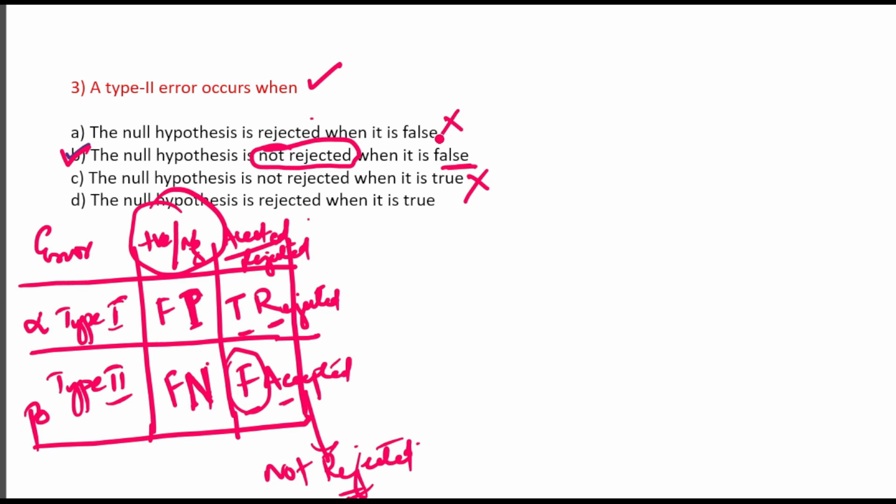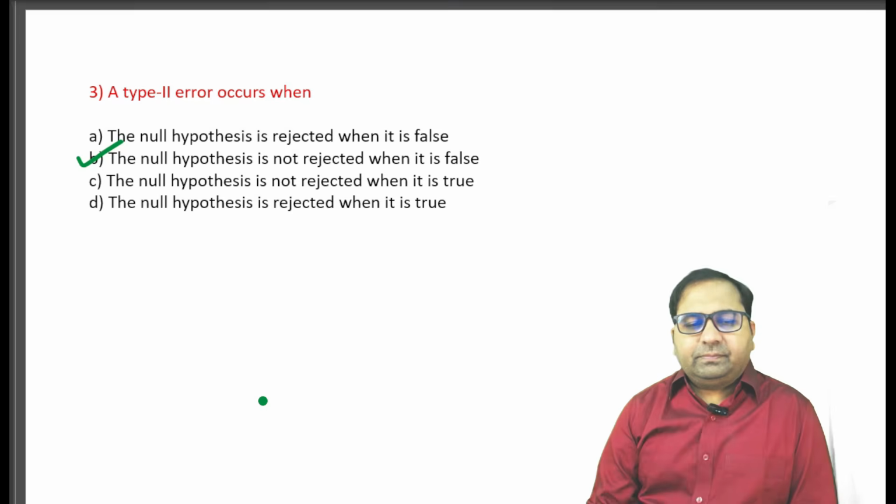This statement is also wrong. Now coming to the last statement, the null hypothesis is rejected when it is true. If it is rejected and it is true, it comes into type 1 error. So for this question, a type 2 error occurs when the null hypothesis is not rejected when it is false is the right answer.